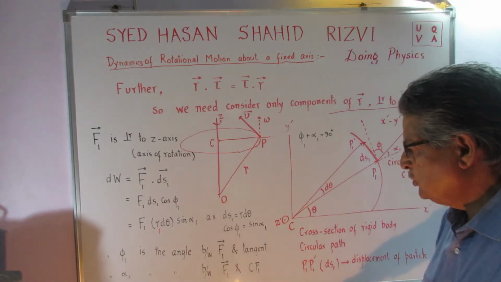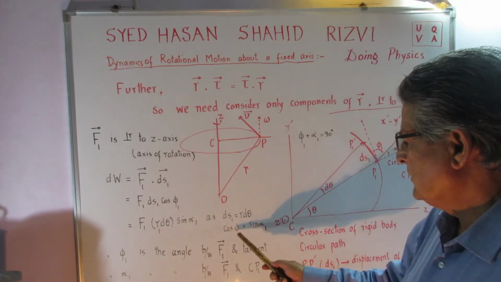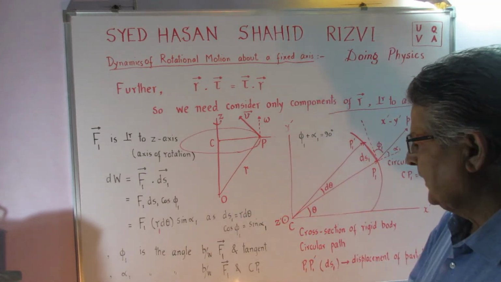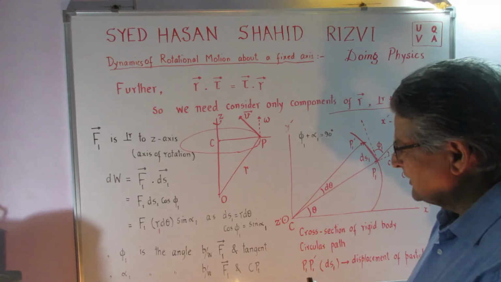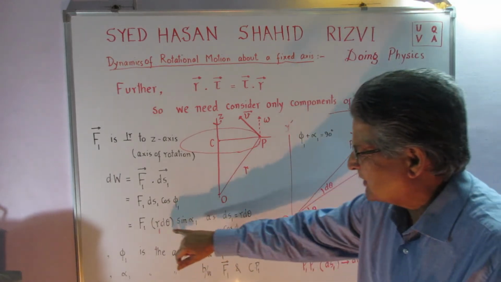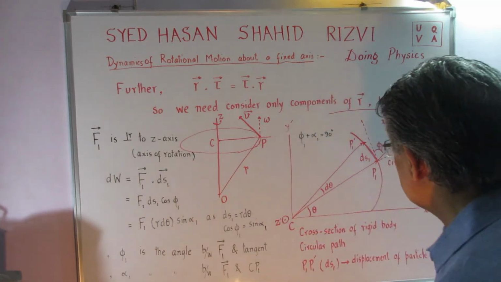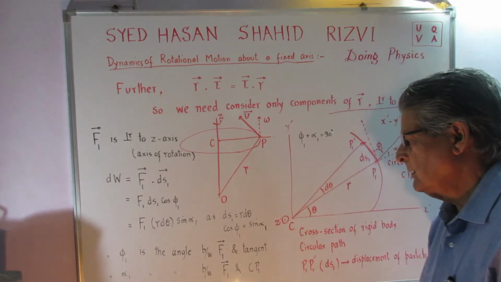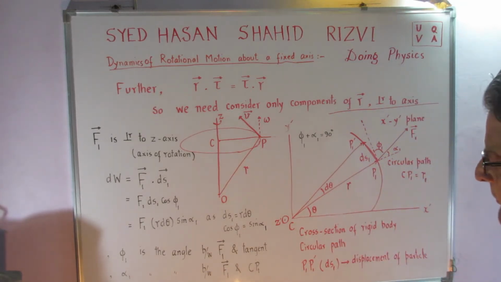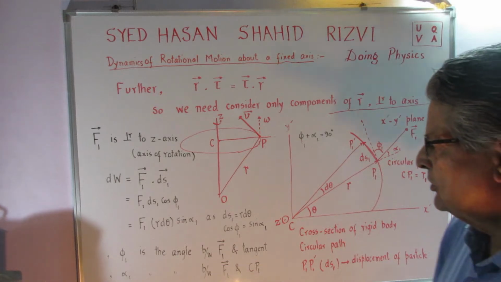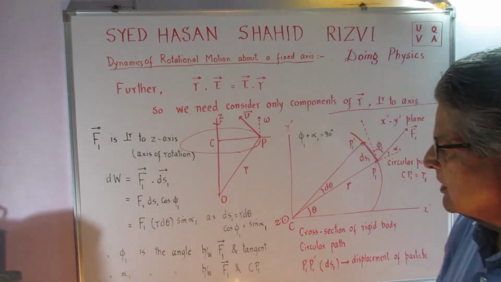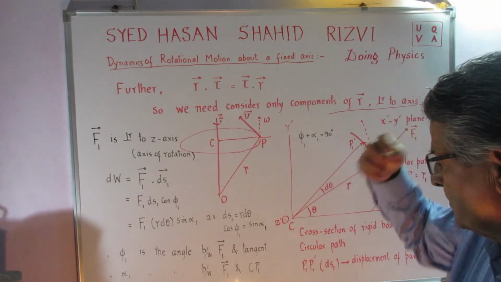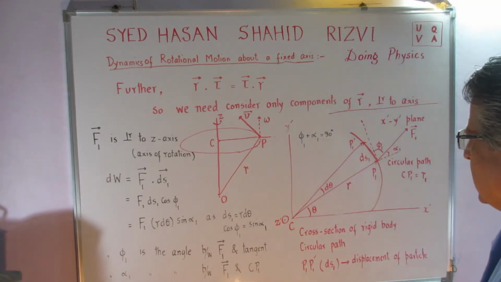So we substitute that and get cos of phi 1 equal to sine of alpha 1, and ds1 is equal to r1 d theta. R1 and R are the same thing, so it is better that we take R, the radius is R. So we have this value for the dW. Of course, phi 1 is the angle between F1 and the tangent, and alpha 1 is the angle between F1 and CP1.